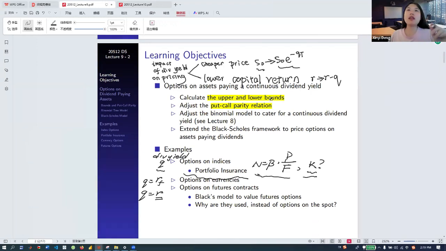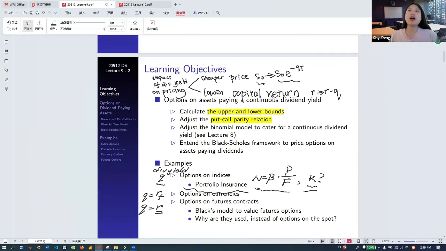The second intuition is the realistic scenario: the spot prices all start from S0.